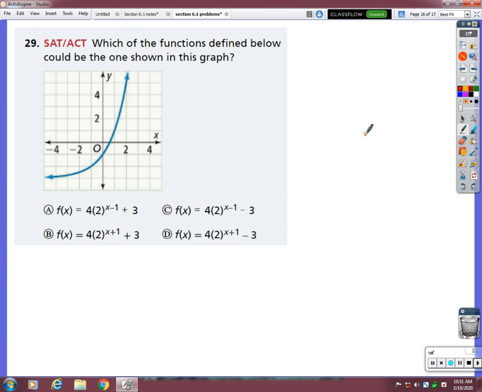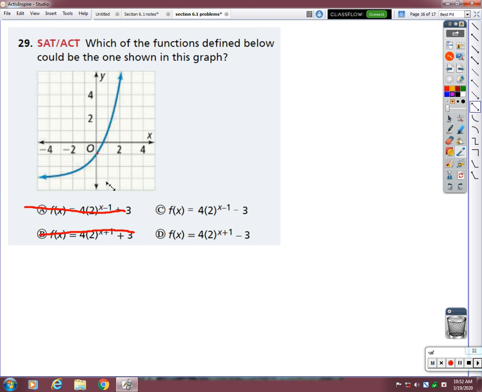Which of the functions defined below could be the one shown in the graph? Well, we got ourselves a y-intercept of negative 1. Oh, okay, but none of these are negative 1, but they're all shifted down, not all of them, sorry. These two have been shifted down 3, so I'm going to say that this is a loser, and this is a loser. Then the question is, has the original graph been moved to the right one, or has it been moved to the left one?